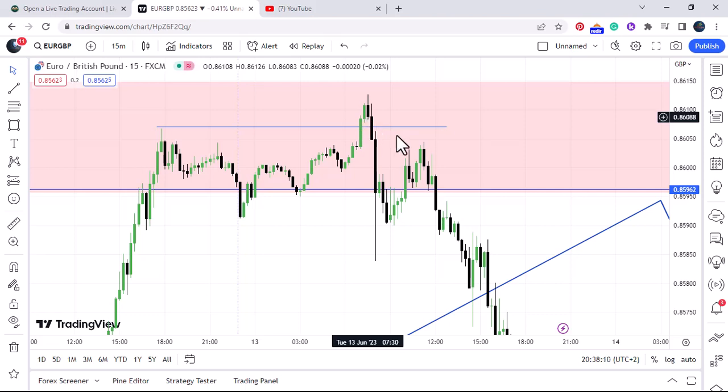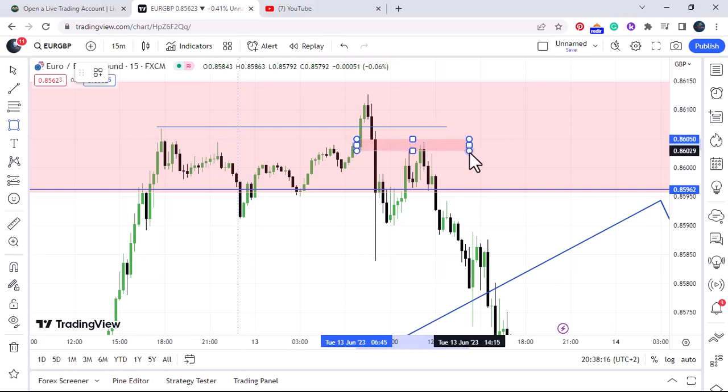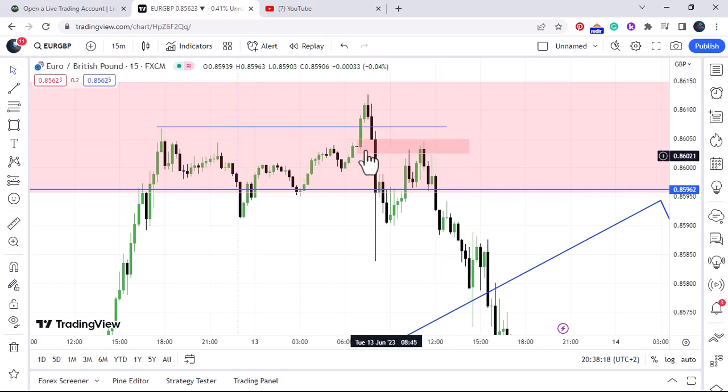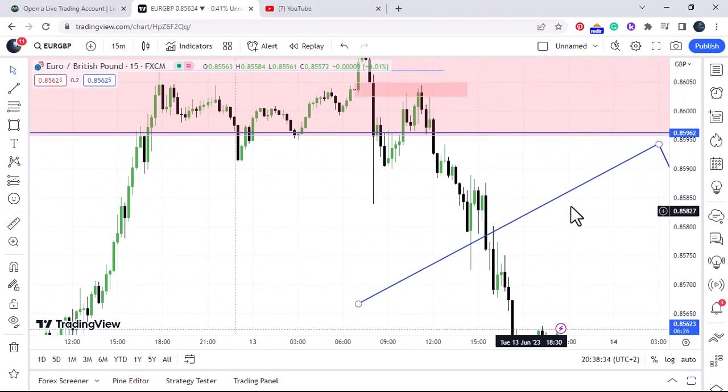If you are a conservative trader, you could have waited for price to retest this breaker. Price did break that breaker and retested it. So you could have your limit entries at this point, and the stop loss goes above the high, and you could have taken advantage of this whole trade.